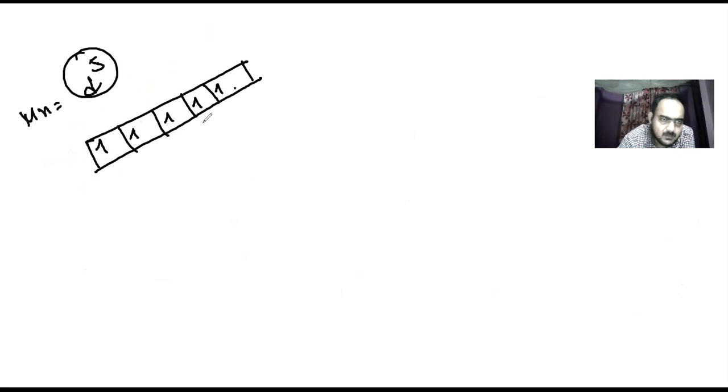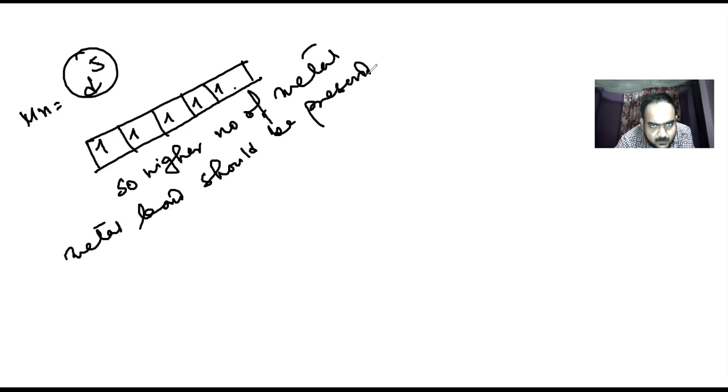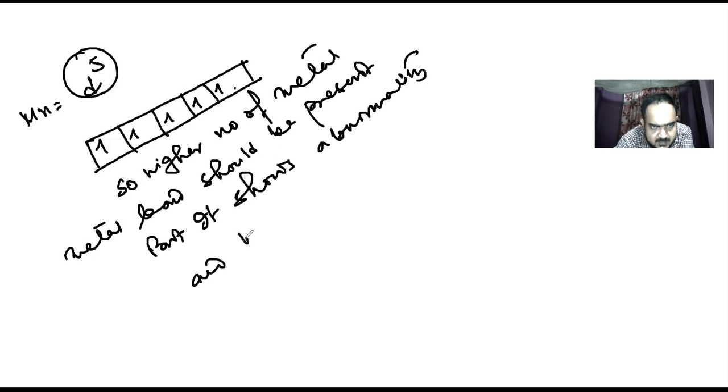So a higher number of multiple bonds, a higher number of metal-metal bonds should be present, but it shows abnormality and has a low melting point.